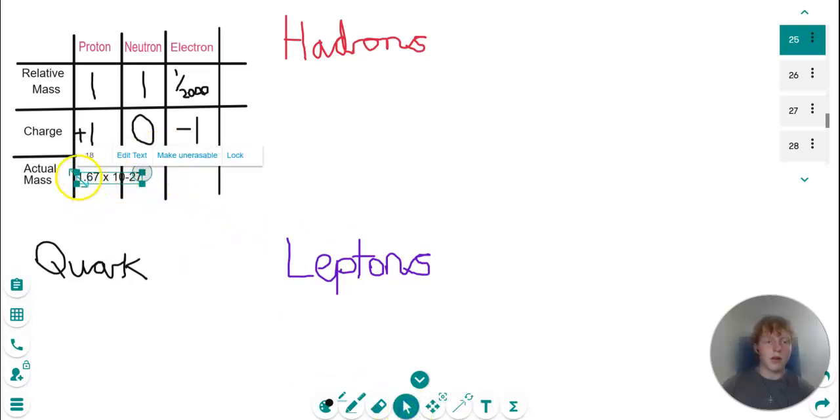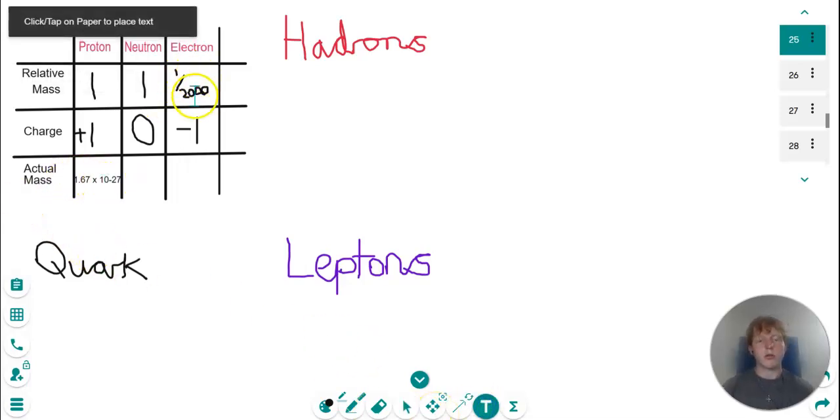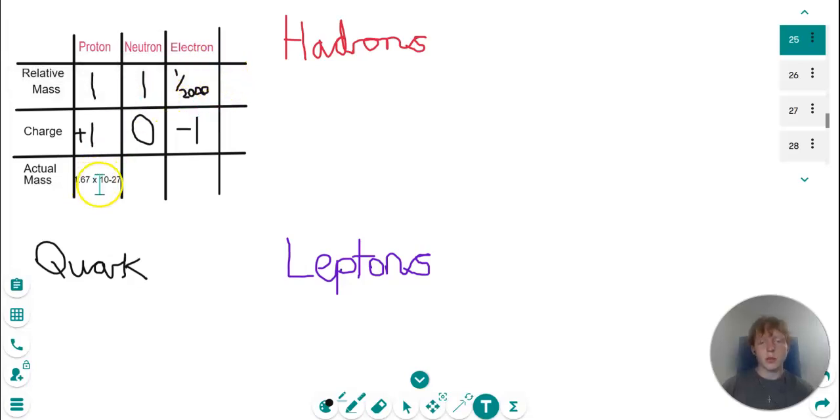Now, these numbers are very small. However, they are given to you, so you don't have to worry too much about memorizing them, okay? So 1.67 times 10 to the minus 27. And the electron, remember, is 2000 times smaller. So if you divide this number by 2000, you'll get 9.11 times 10 to the minus 31.